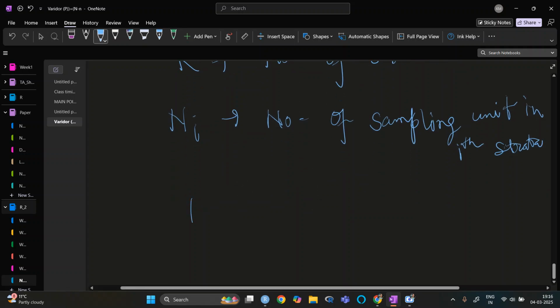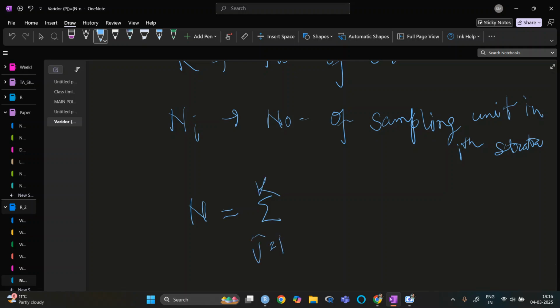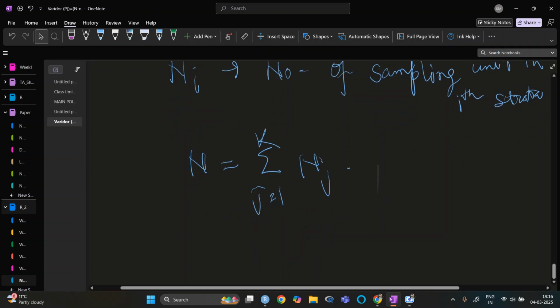And so N is basically the summation over j equal to 1 to k of N_j.